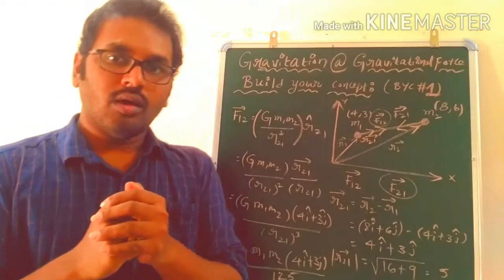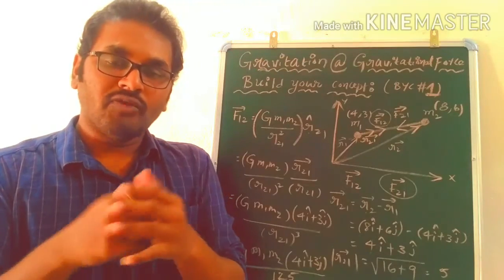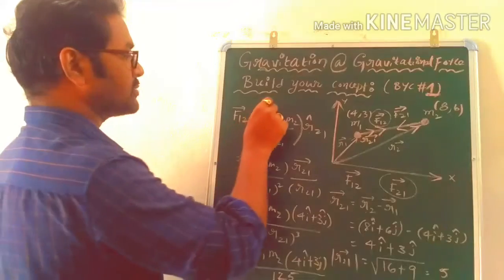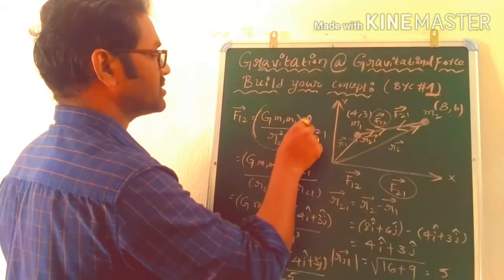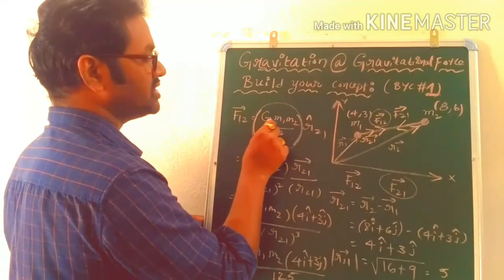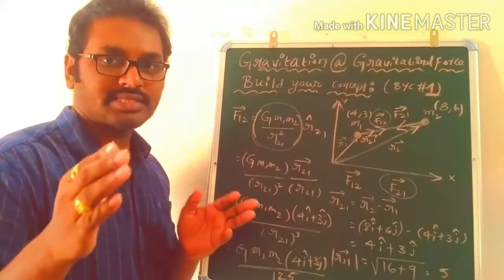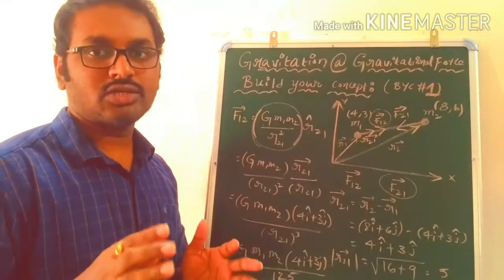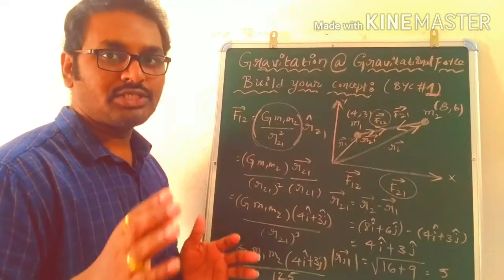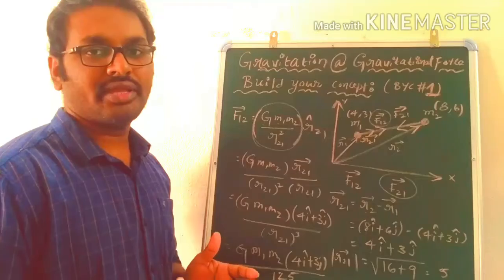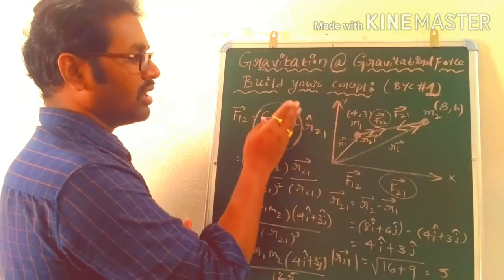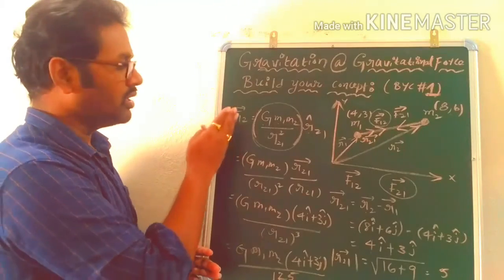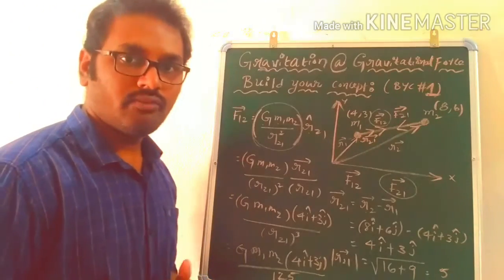After getting this, to find the magnitude of the force of interaction, I can directly use the formula G M1 M2 divided by the separation between the two particles, R square. But when dealing with the force vectorially, we need to add an additional quantity, which is the unit vector along the direction of the required force. You will then get the force in vector form.